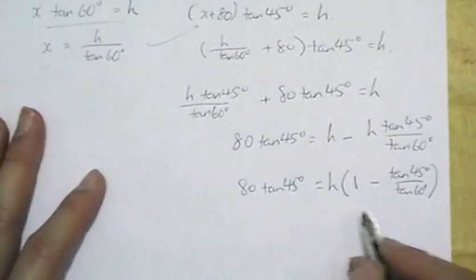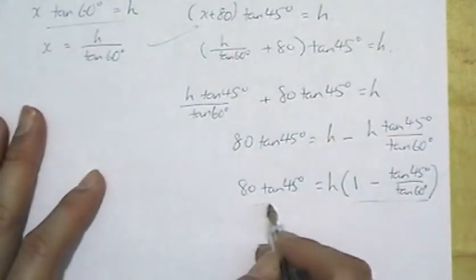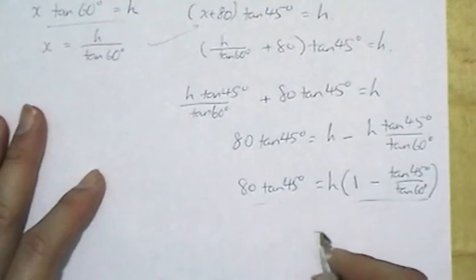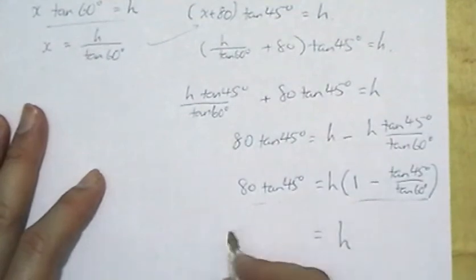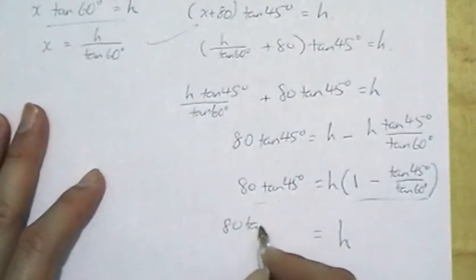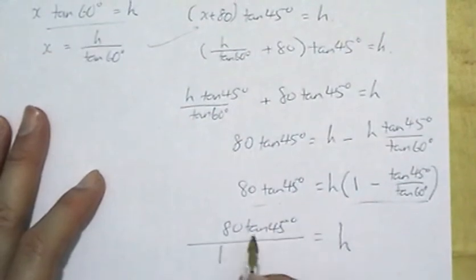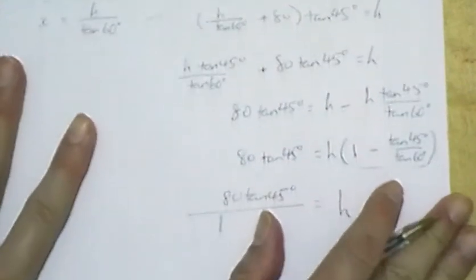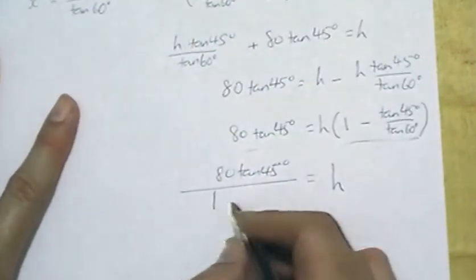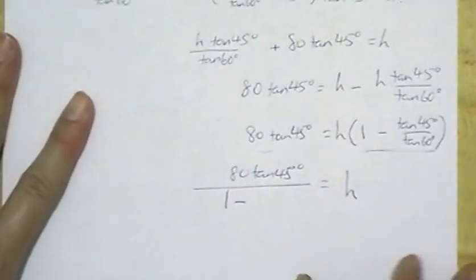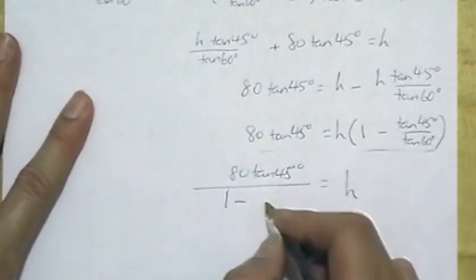So finally I can divide both sides by that, and that leaves h on one side and 80 tangent 45 over 1 minus that.